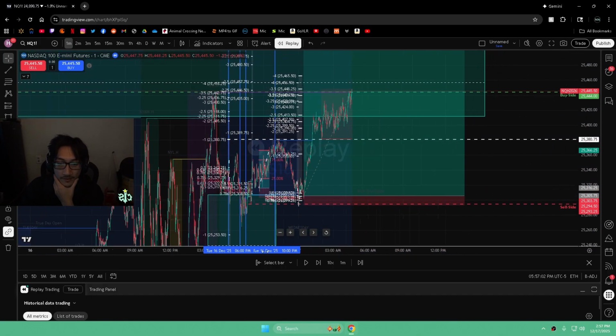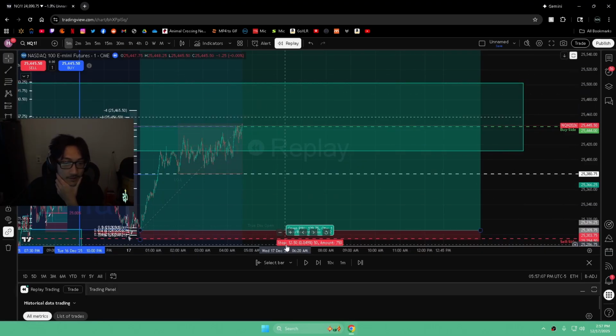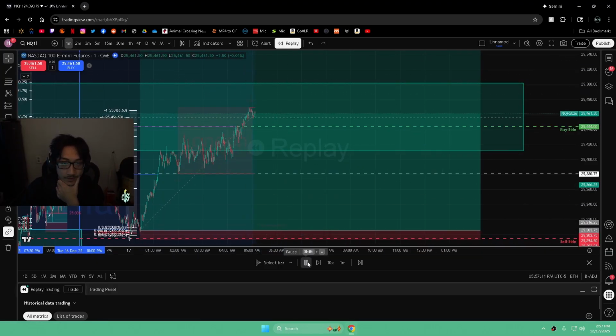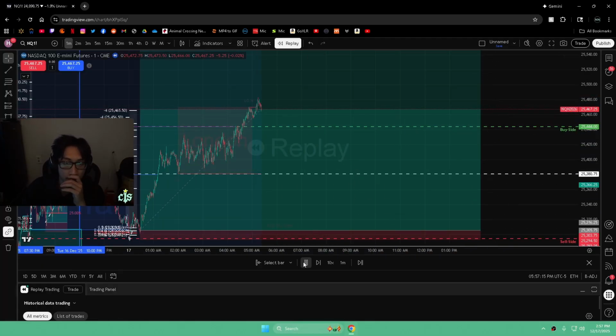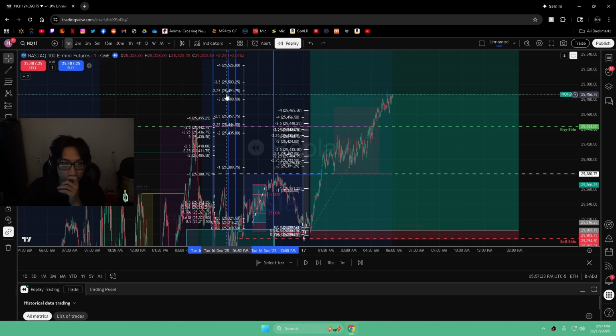This is all based on if your bias is right, okay? Let's play this. We fully filled this imbalance, so I'm just gonna get rid of it. We're accumulating at this -4 zone. We're accumulating at this 3.25 and -3 zone as well.